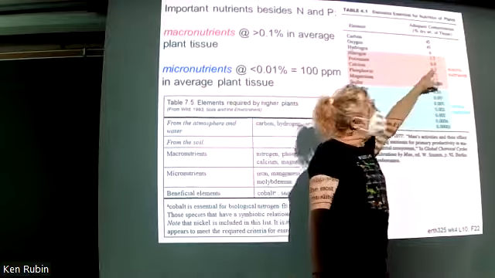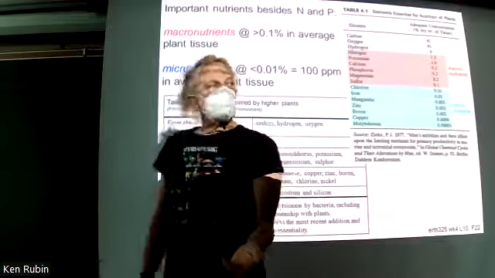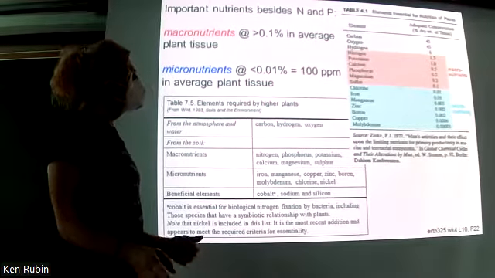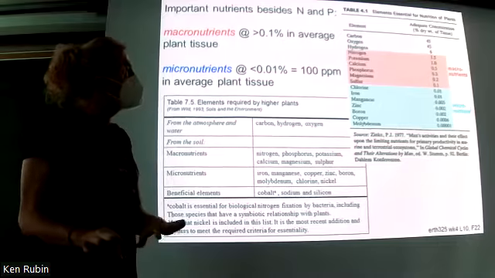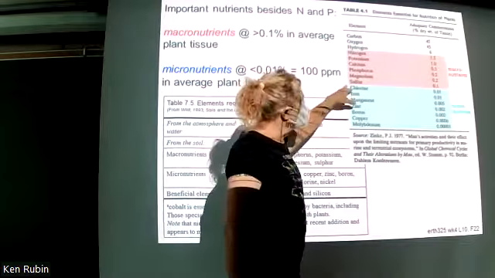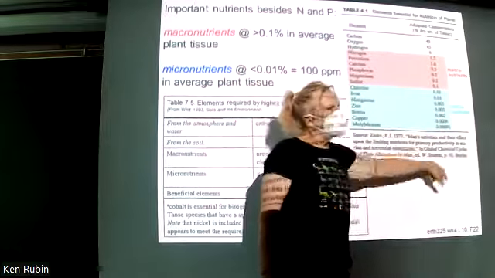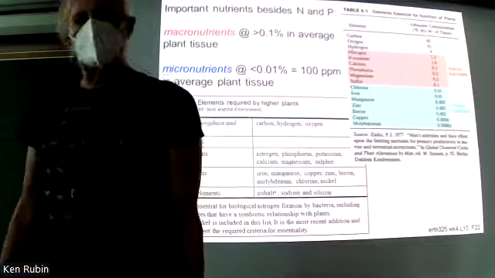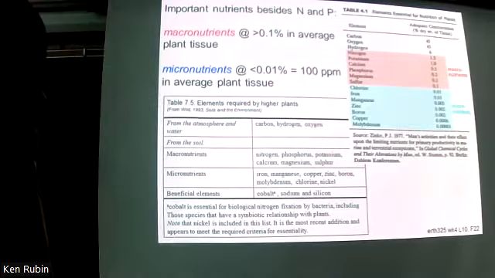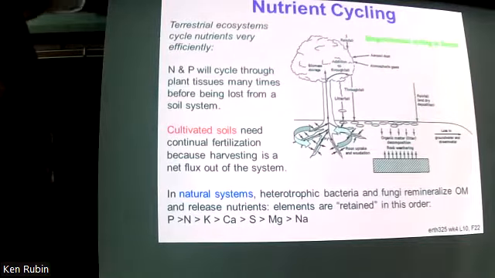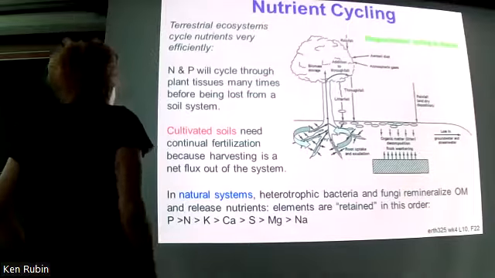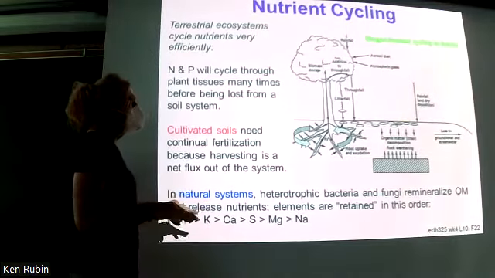The concentrations are not that high in the plants, right? They're fractions of a weight percent except for nitrogen, but they're essential. And then these micronutrients, they can be present at very, very low concentrations. Again, they're still important, but they're at low concentrations. And so I think I will stop there to leave the last few slides for next time.